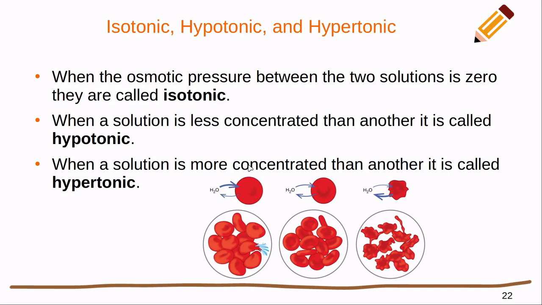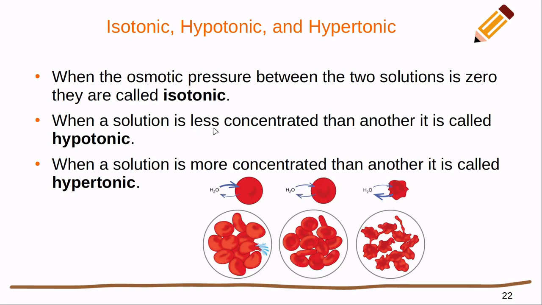In this case, the outside solution could have the same concentration of solutes, in which case their osmotic pressures are going to be equal, and they would be isotonic. That's the situation under normal circumstances inside of your blood. The plasma portion of your blood is isotonic with the inside of the red blood cells.